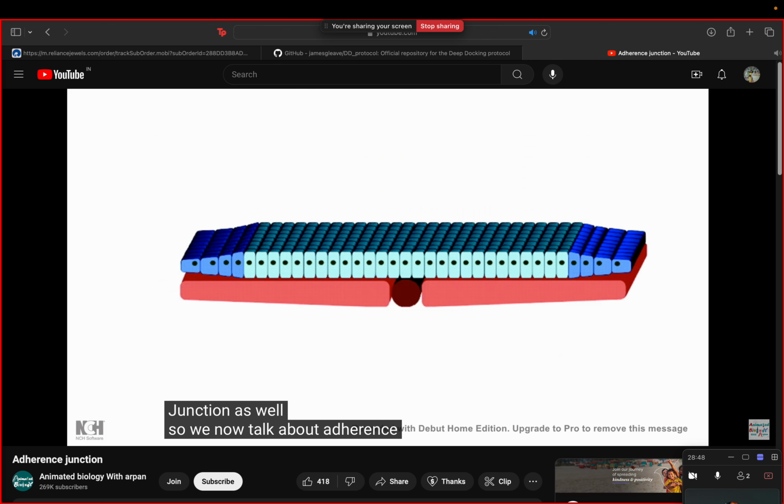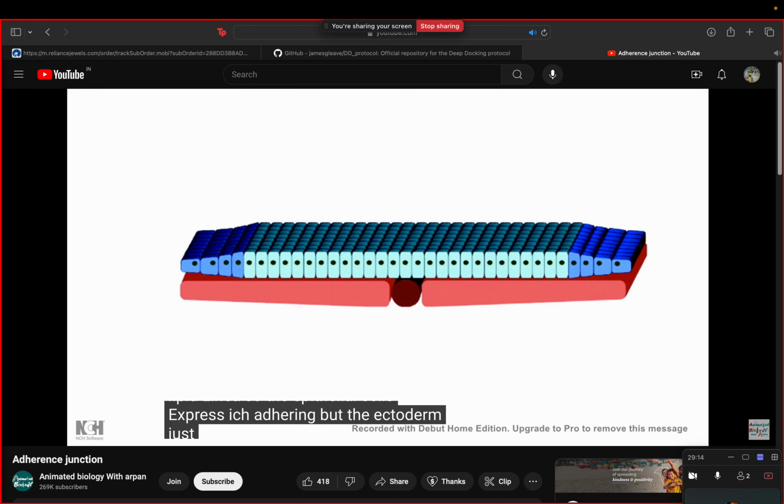So we now talk about adherens junctions, and cadherin is important in terms of development. Let's talk about neural tube development. We know after gastrulation there are three defined germ layers: the ectoderm, the mesoderm, and the endoderm. The ectoderm gives rise to the nervous system, and the ectoderm is an epithelium, so the epithelial cells express E-cadherin.